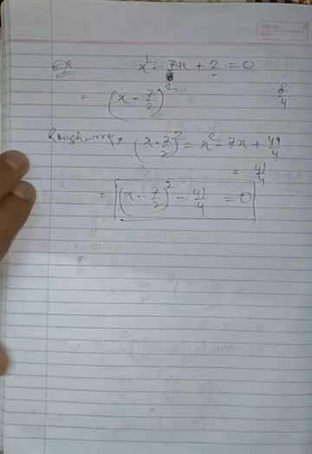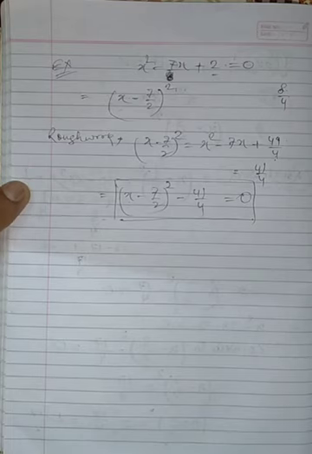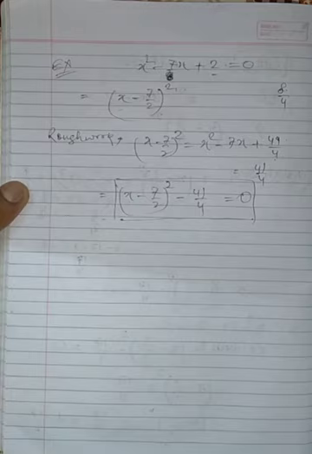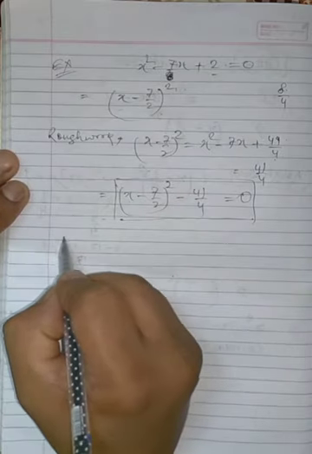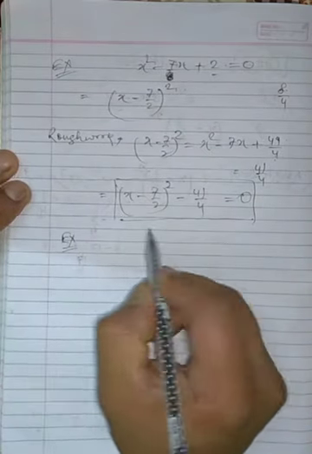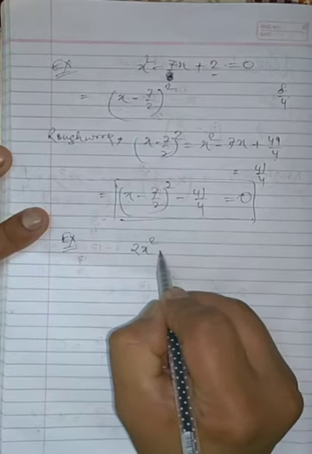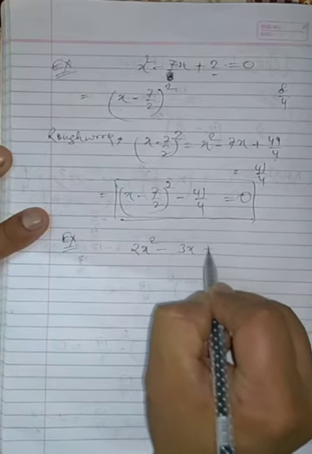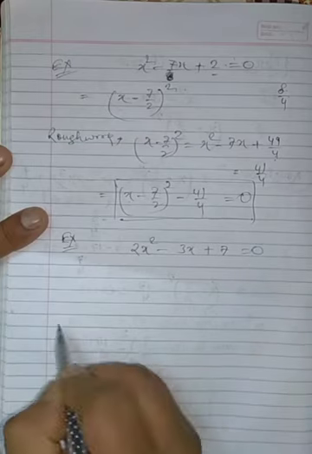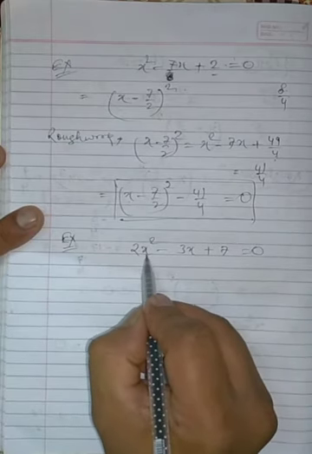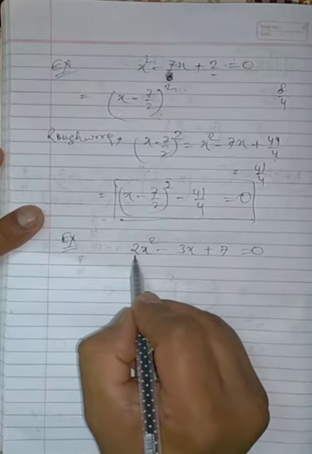This is your completing the square equation. So you can see here how easily we can convert this into completing the square when we have an even number or odd number. Apart from this, one more thing is there, that if we have numbers like 2x square minus 3x plus 7 equal to 0, in which the coefficient of x square is 2.